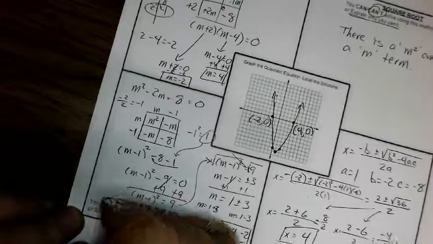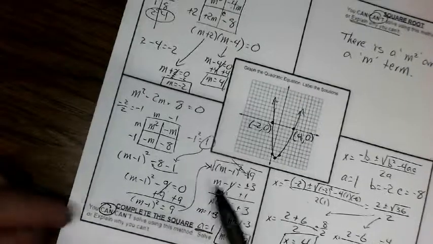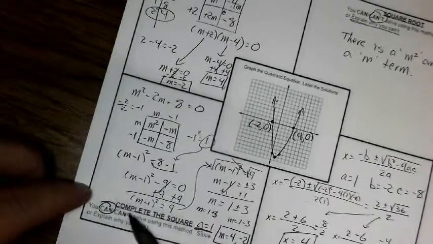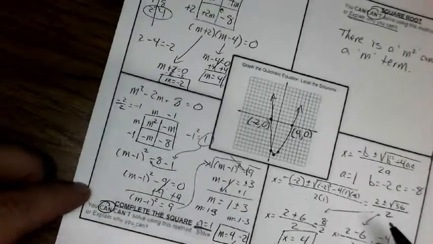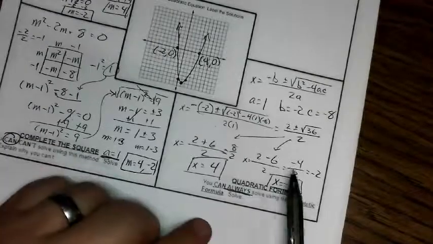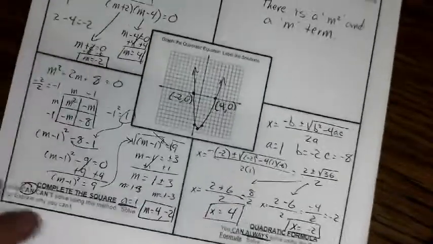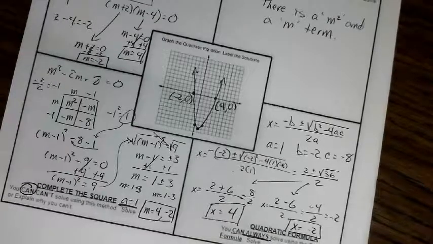You can complete the square because a is equal to 1. So if you have one where a is not equal to 1, you would circle can't, and you would write that. So we solved here. We got 4 and negative 2. We solved with the quadratic formula. We got 4 and negative 2. So once you do it, all of your answers should be the same. Okay, and that's it.